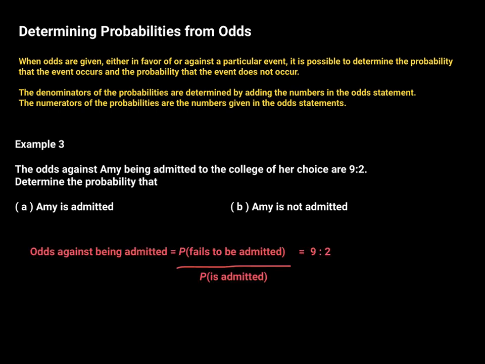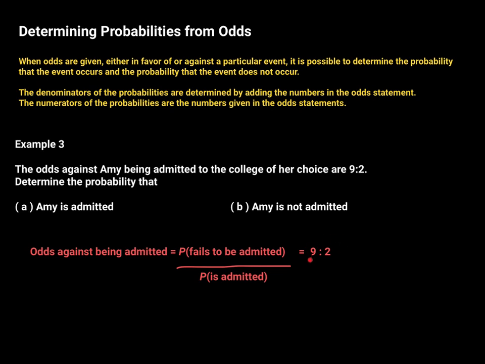Remember that odds against an event is the probability of failure over the probability of success. So we have the probability of failing to be admitted over the probability of being admitted. And they told us that this ratio is 9 to 2. So these are the odds. This is what's given to us.